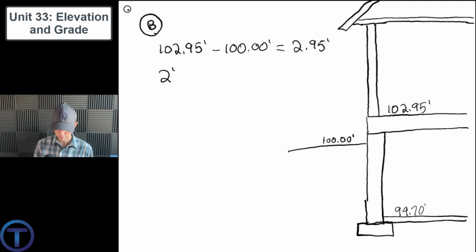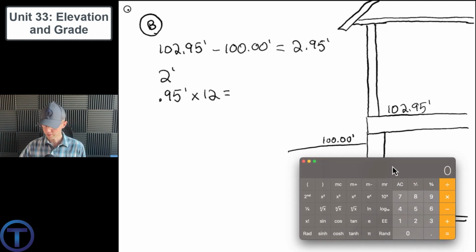We're going to keep our 2 feet, but we've got 0.95 feet. Let's times that by 12. We'll convert this over into inches. 12 times 0.95 gives us 11.4. We're converting this over into inches, so that gives us 11.4 inches.